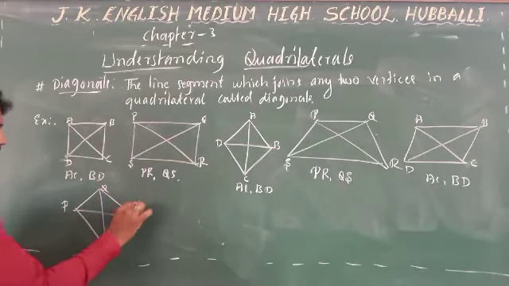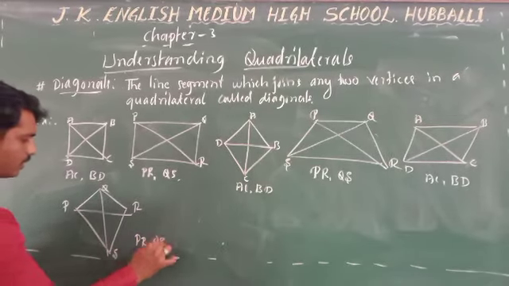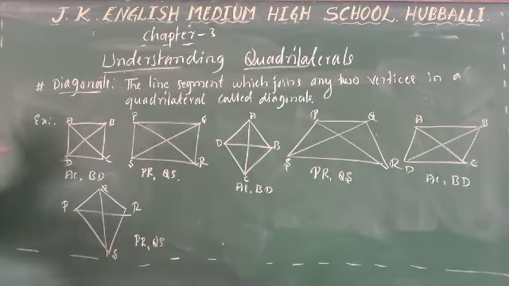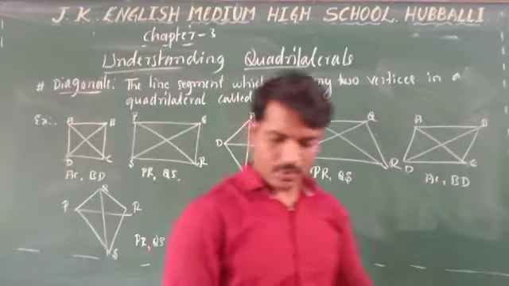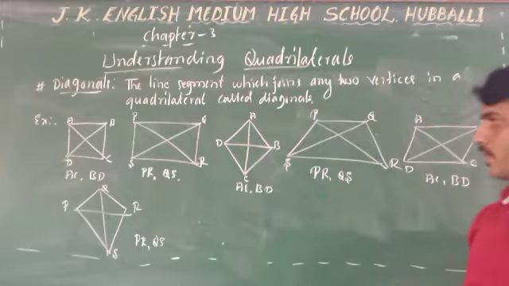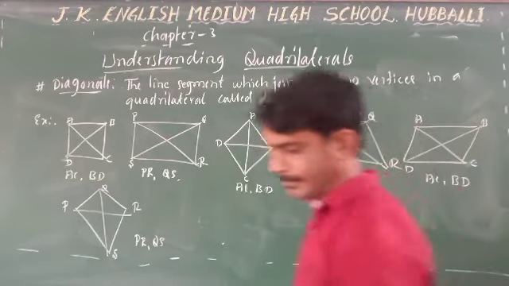P, Q, R, S. PR comma QS. So these are called diagonals. Clear? Okay. So draw the figures and mention the diagonals. Shall I go for the next point?